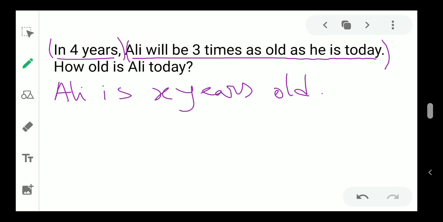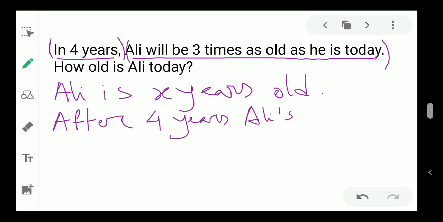So after 4 years, Ali's age will be x plus 4, right? So basically I should write nicely, after 4 years, Ali's age is x plus 4, right?